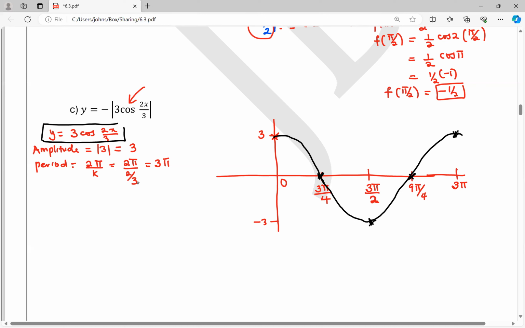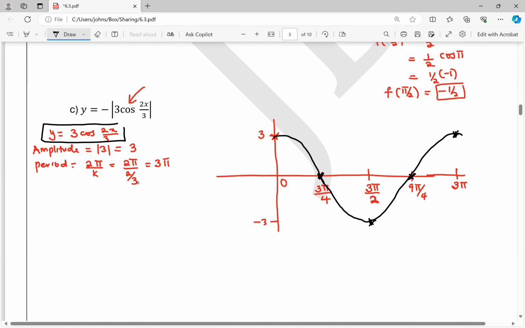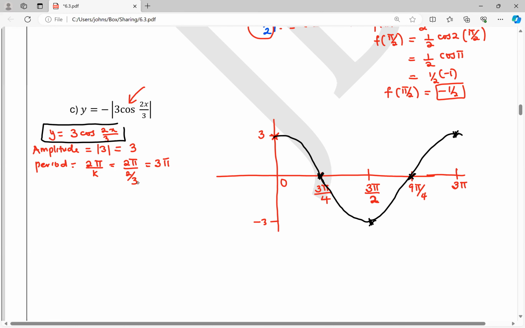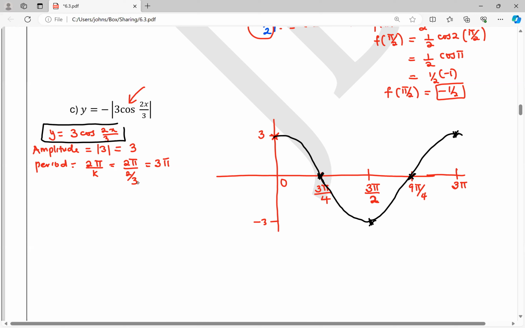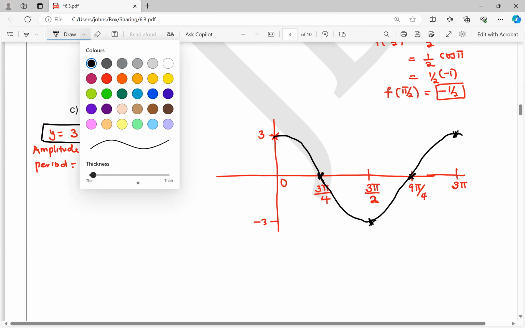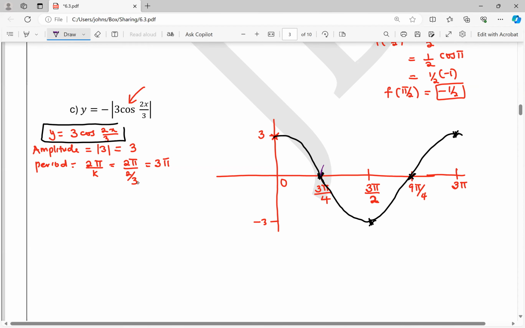So now let's deal with the absolute value first. With the absolute value, it means that anything below the x-axis, we just take it up, right? So we take it up. And how do we do that? We just transfer this one here like this.